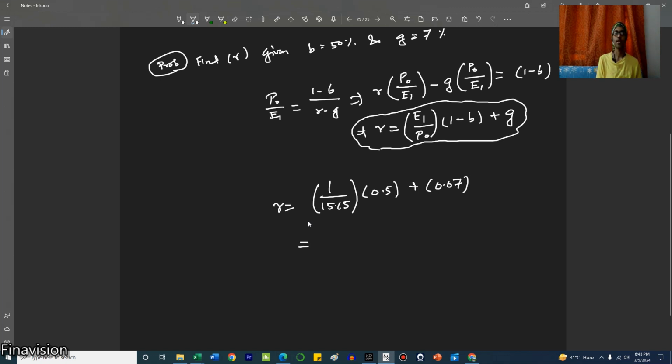Let's find out the value. This is equal to 0.10194, or R is approximately equal to 10.19%. This is our answer.